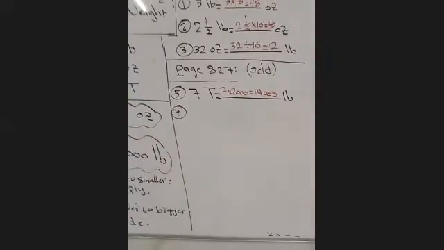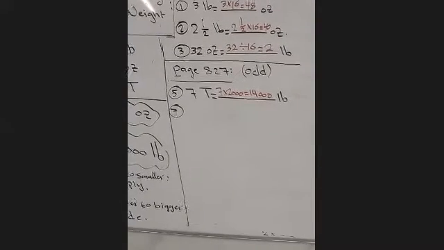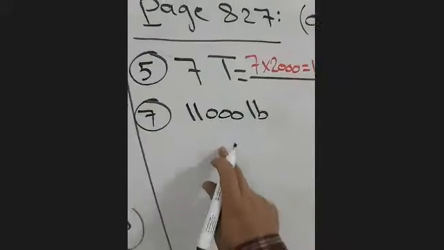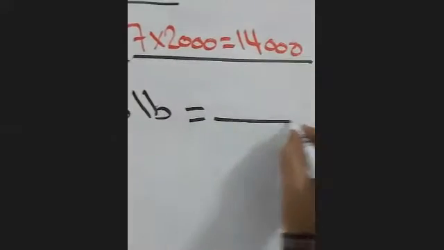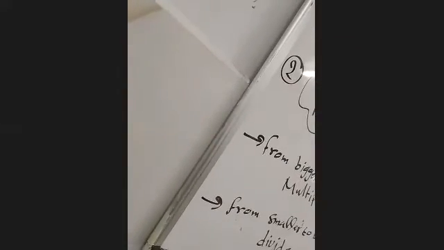Question 7. Ibrahim, talk. 11,000 pounds equal blank tons. 11,000 pounds turning to what? Tons. How do we turn the 11,000 pounds to tons?